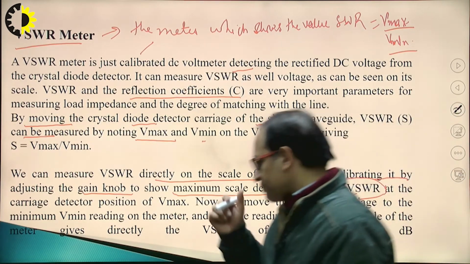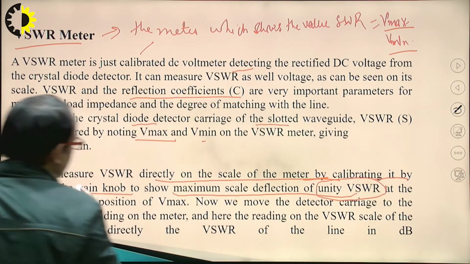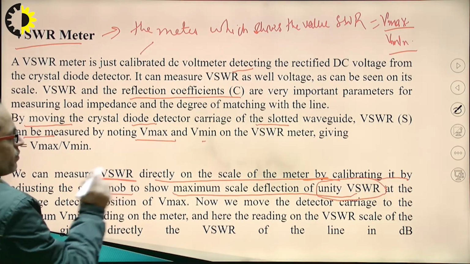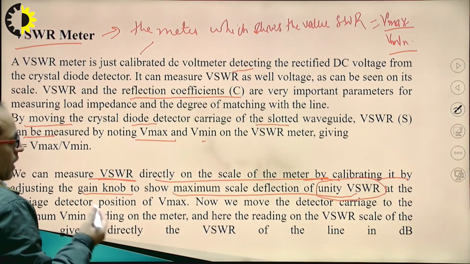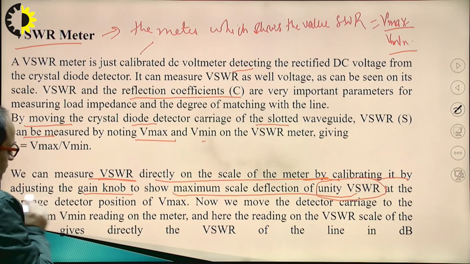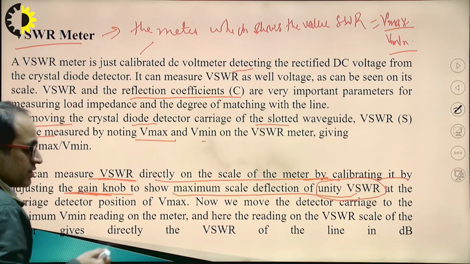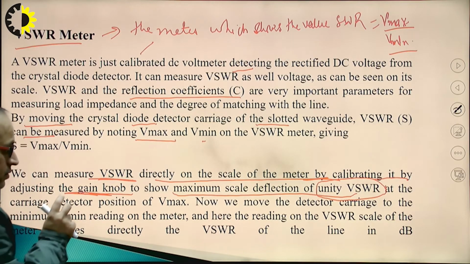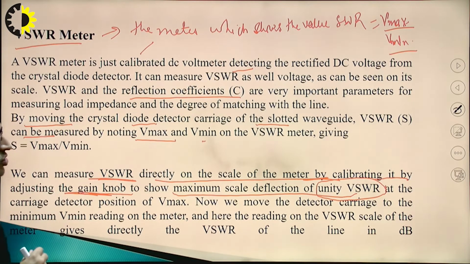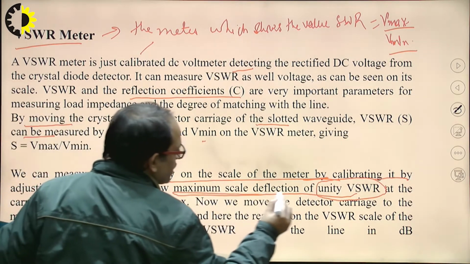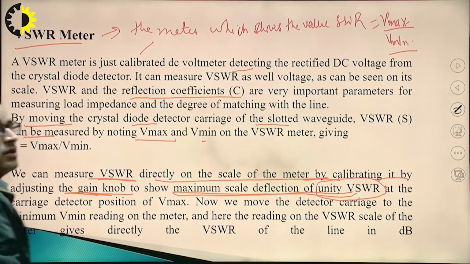So while calculating the VSWR from the VSWR meter, I will have to vary the gain, or I will vary the slotted line position so that maximum scale deflection will be obtained on the VSWR meter.